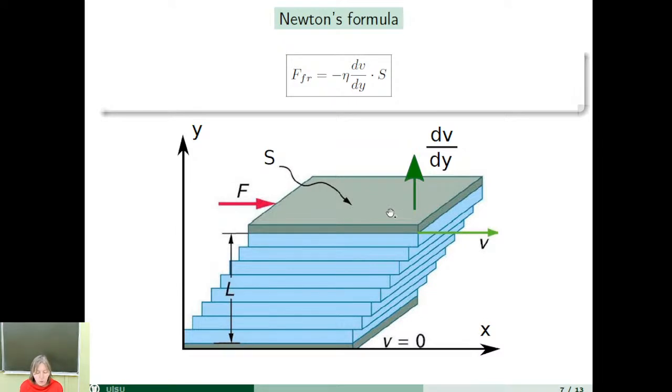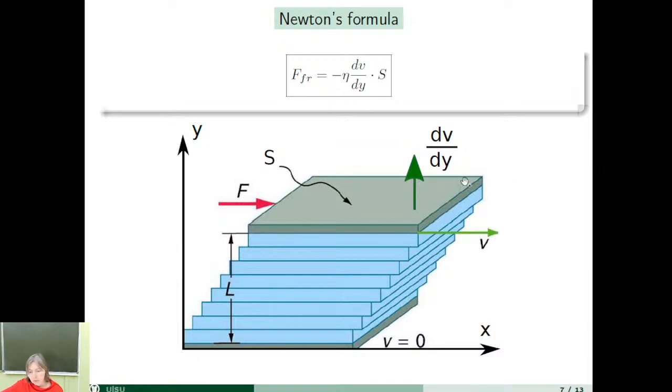The fundamental law of viscous liquid was discovered by Newton. And look at the expression in a box. It's Newton's formula. F friction is equal to minus eta, the gradient of speed, multiplied by area.